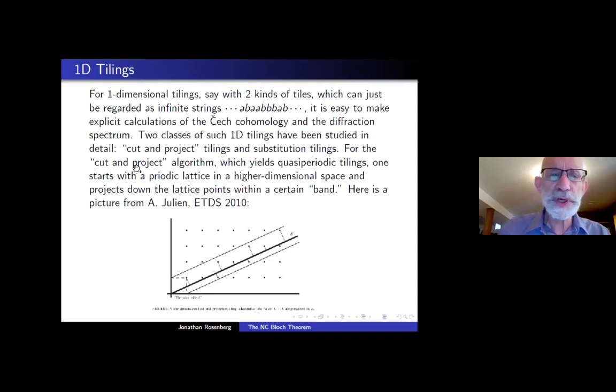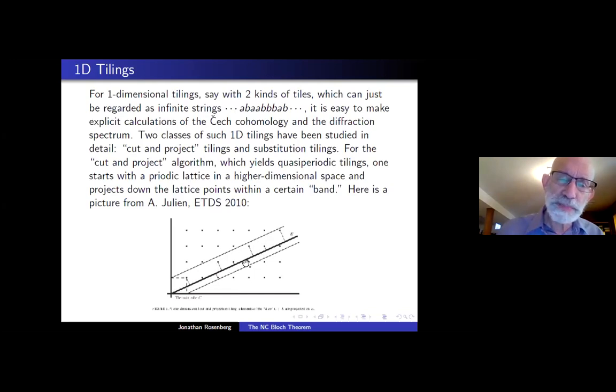For the cut and project tilings, this is a picture from a paper by Julien in Ergodic Theory and Dynamical Systems in 2010. The way you get a cut and project tiling is that you start with a periodic lattice, and you draw a little strip inside it. That's the strip bounded by these 2 dotted lines.